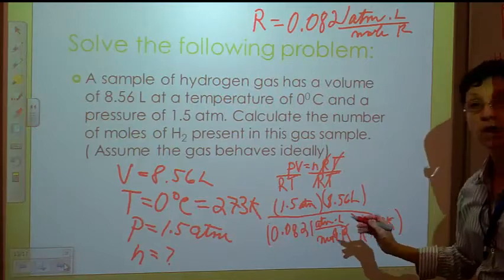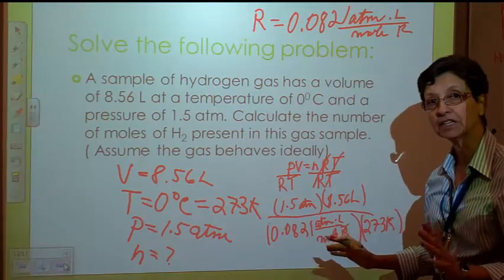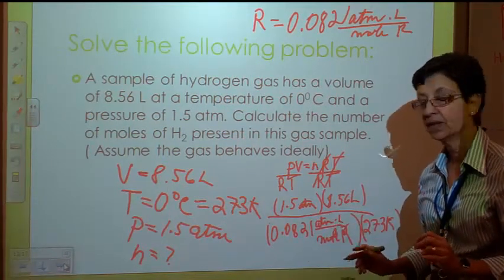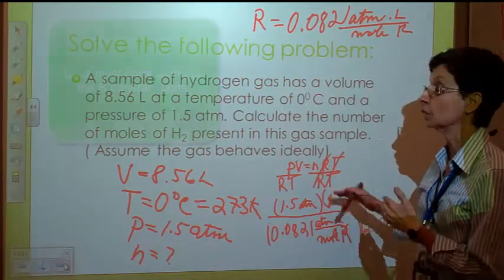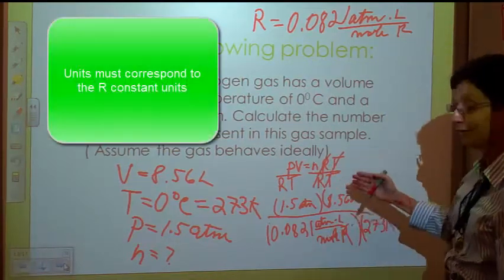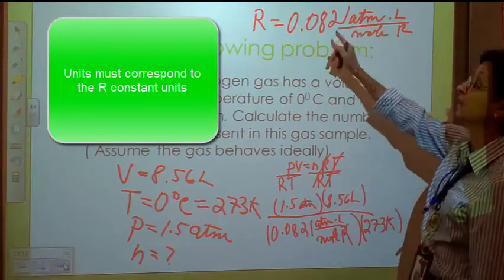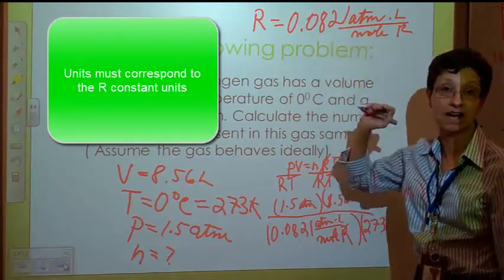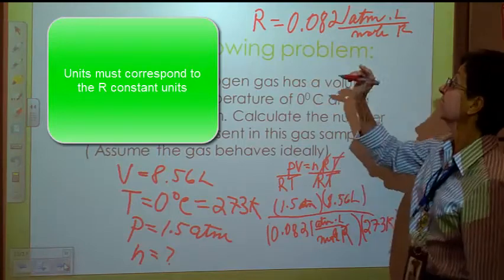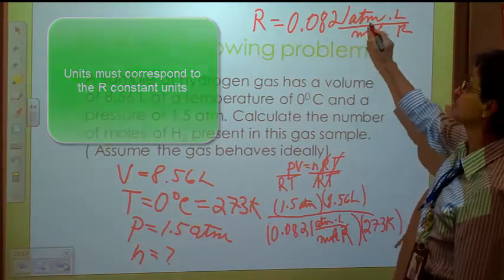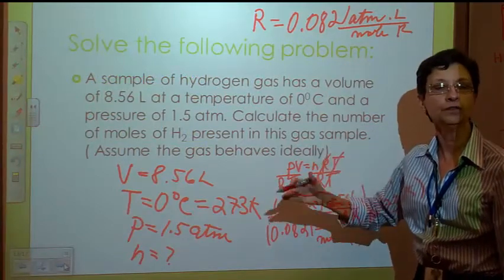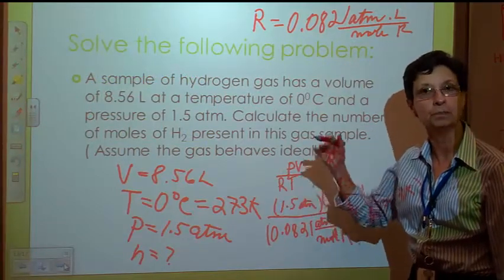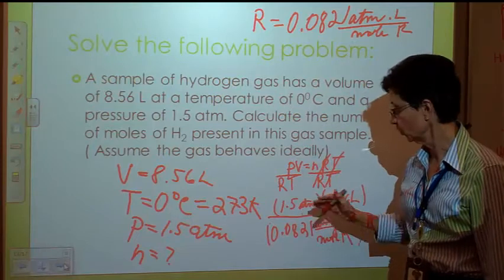Now, notice it is very important that we keep the units straight. There are certain times when the problem will not be given in the correct units. You have to be consistent with the units of the R constant that you're using. And since the R constant uses atms, liters, moles, and K, all of your variables must be consistent with those units.